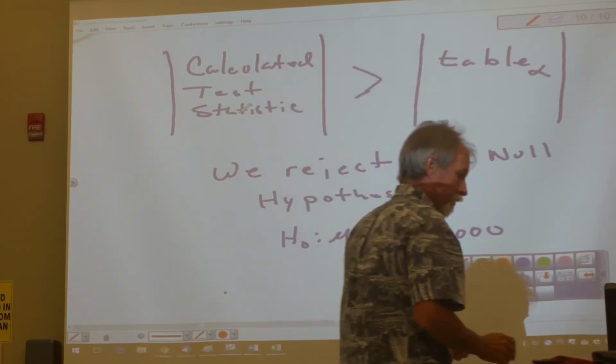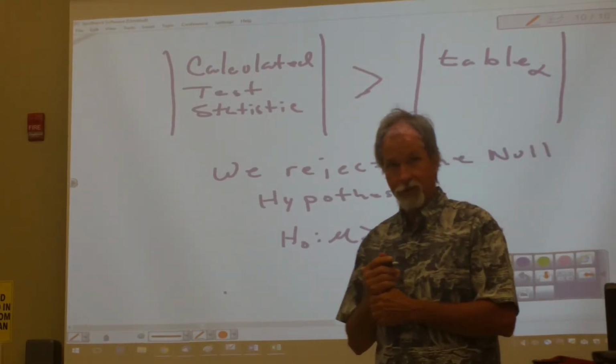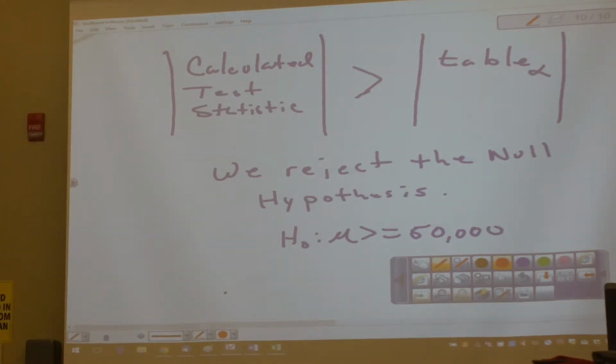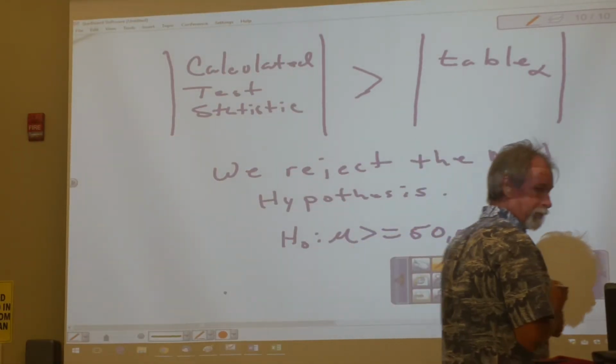The calculated test statistic and the table value. So the test statistic was negative 2.644 for me. Correct. And then the table value was negative 1.645. Correct. Which made it more. Correct. Then we reject the null hypothesis.